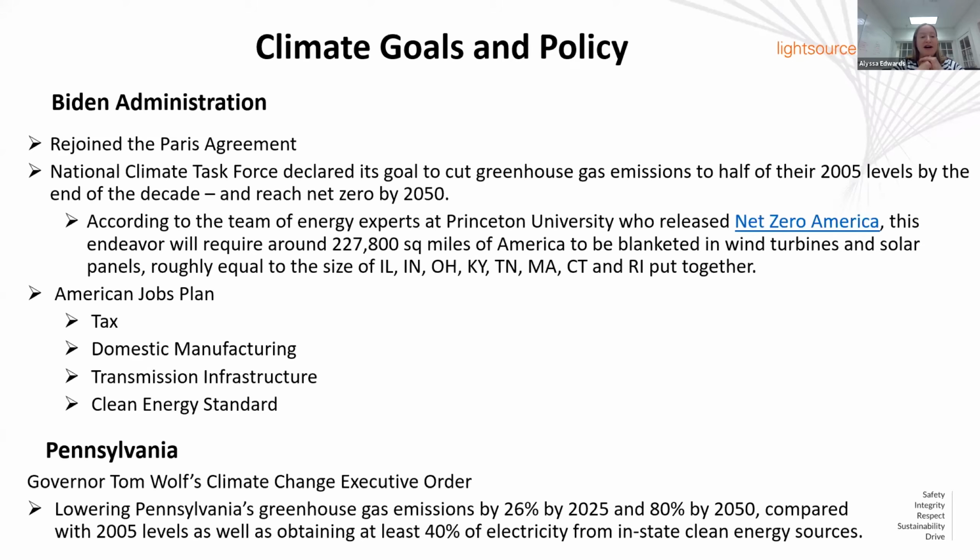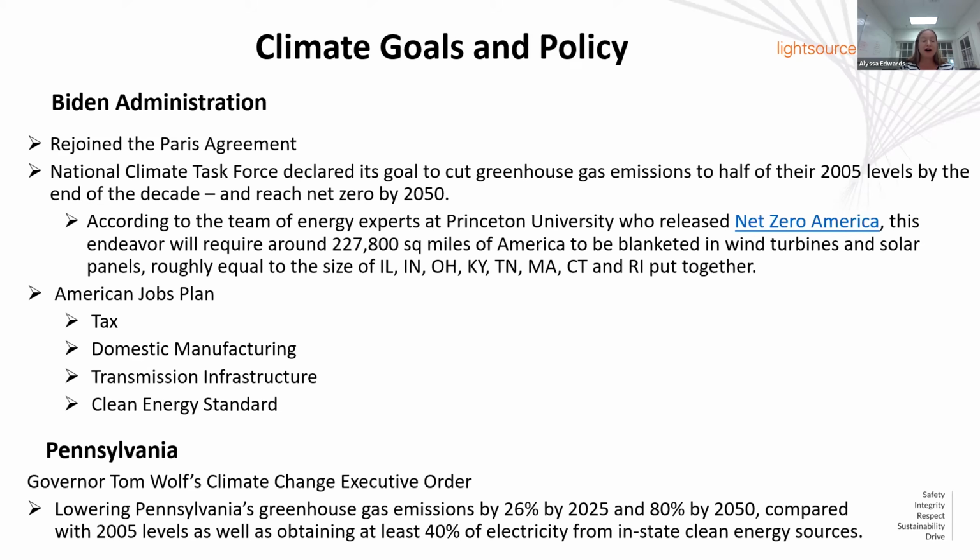The solar industry and the Biden administration are working tirelessly, I'll say, on issues that are really important to us, like tax incentives, domestic panel manufacturing, transmission infrastructure, and a national clean energy standard. It remains to be seen what happens in the infrastructure bill, but know that climate is poised to play a really big role in how that bill gets rolled out.